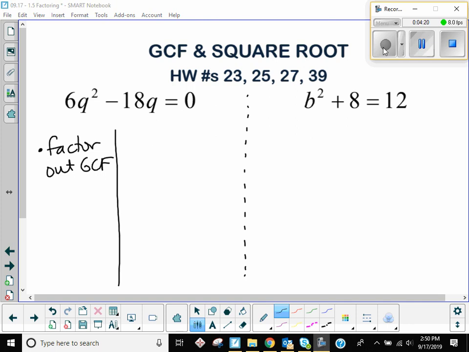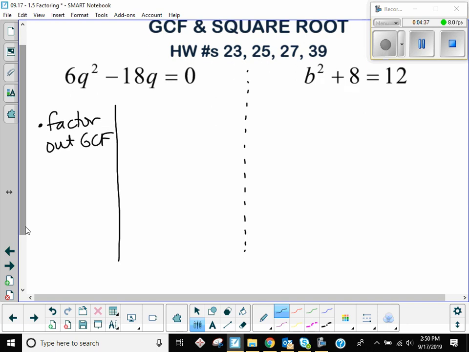If you're looking at 6 and 18, you say, what's the biggest number that goes into 6 and 18? 6. And then you look at the Q's and you say, what's the most Q's they have in common? 1, right? So it's 6Q. And so here's how I sort of tell students to write that. You're going to write the GCF down, which we said is 6Q.